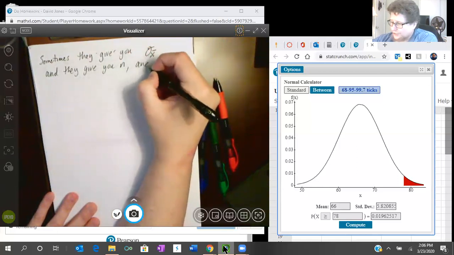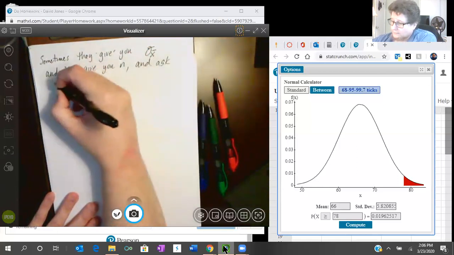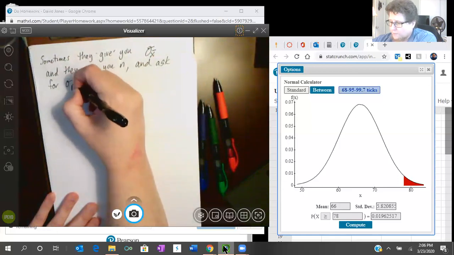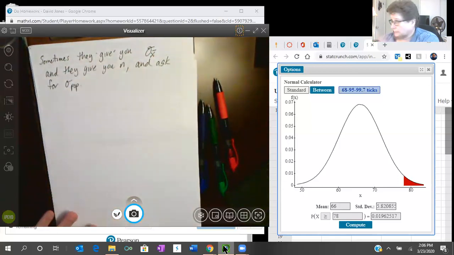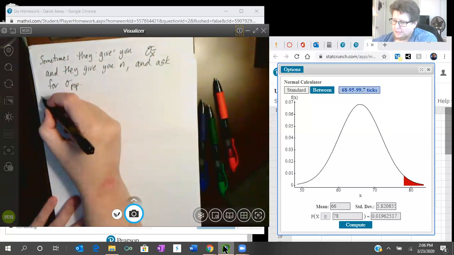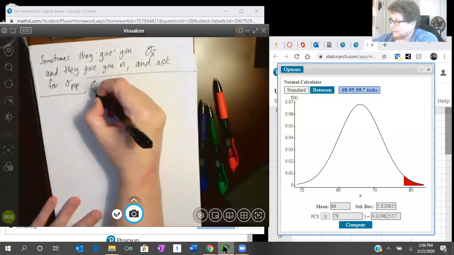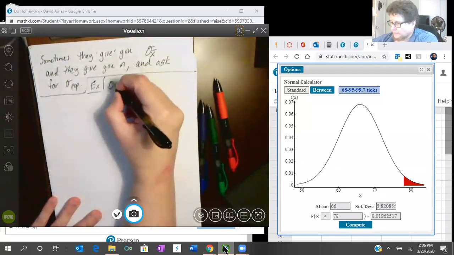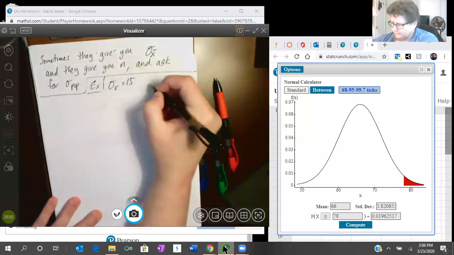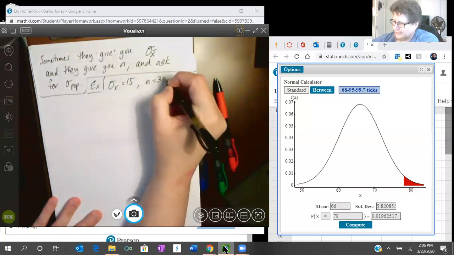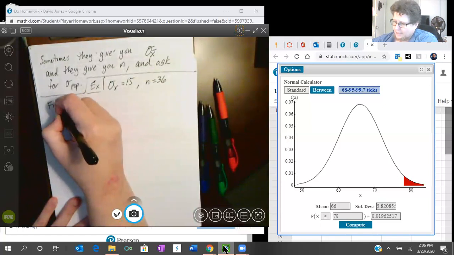And they ask you for sigma of the population. Let me give you an example. This is probably easier as an example. Sigma of x bar is 15, n is 36, find sigma.